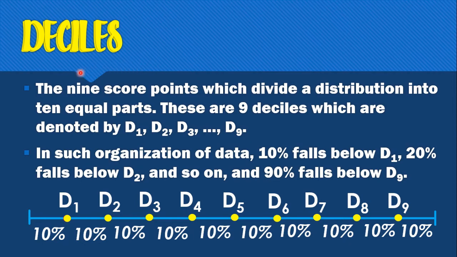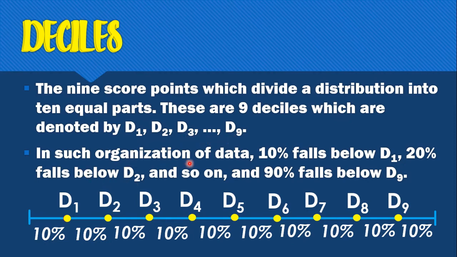The second quantile is known as the decile. These are the 9 score points which divide a distribution into 10 equal parts. These are the 9 deciles which are denoted by d sub 1, d sub 2, d sub 3, and so on until we have d sub 9.